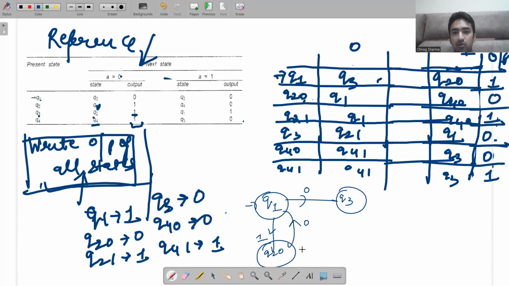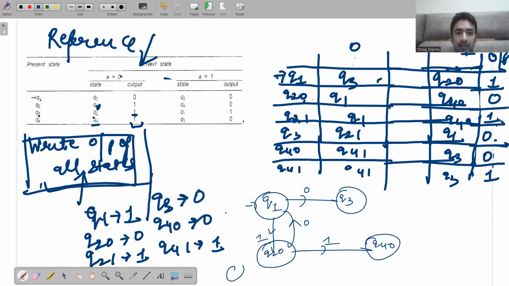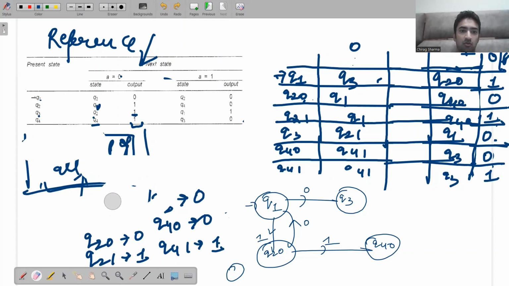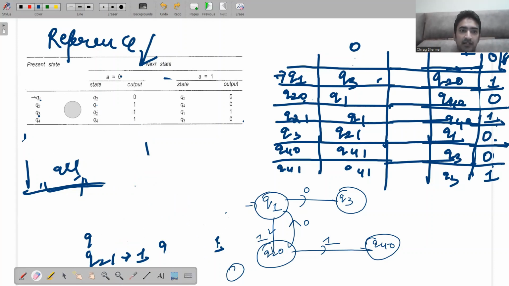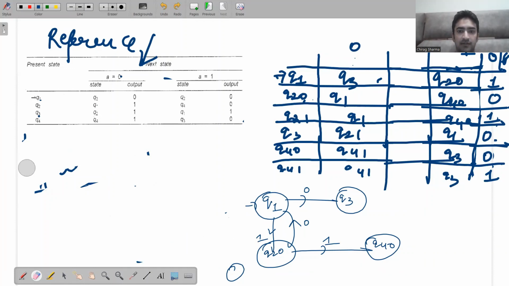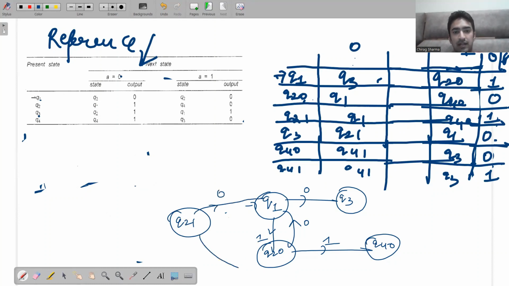Q2 0 when 1 is given, it goes to Q4 0. Q2 1 when 0 is given, it goes to Q1, and when 1 is given, it goes to Q4 1. I am removing the earlier transitions, since I explained that above, to create more space.